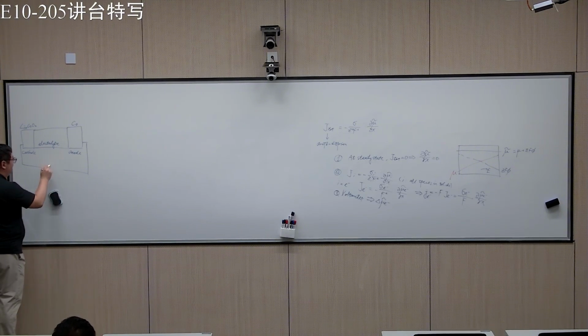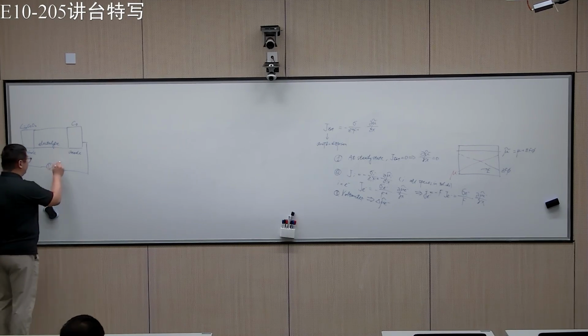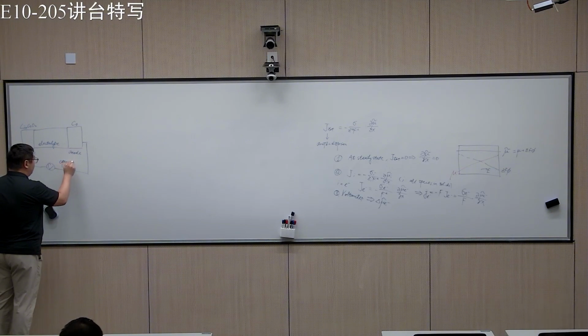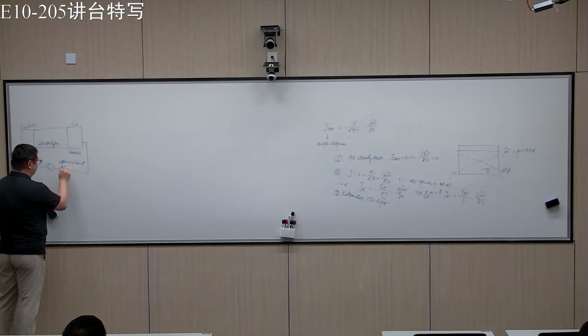However, let's say I have the open circuit condition, so I put a voltmeter here. A voltmeter usually means that you have a very large resistor that gives you the open circuit condition. So what you measure is called the open circuit voltage, OCV.